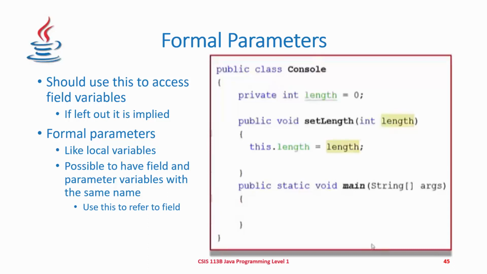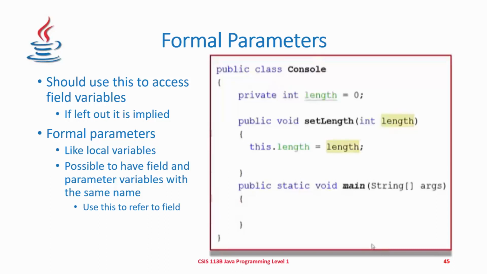But by making it private, you can't just call console and change length by doing console.length equals a value, or creating an instance of console for that matter and doing instance.length equals a value. That won't work. What you would have to do is create an instance of console, but then use the setLength method.